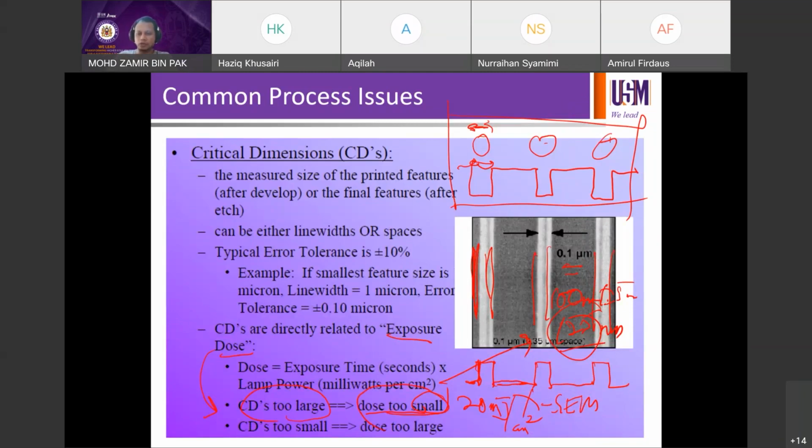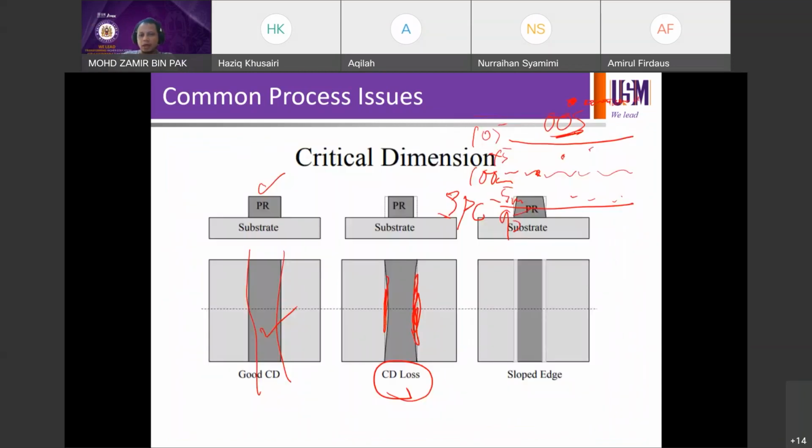So the problem is the dose is too small. To get the CD, you come back to here. The relationship is that dose is proportional to 1 over CD, or dose and CD are reciprocal. For lines. For holes, then it's proportional.